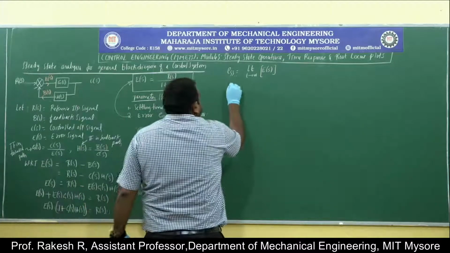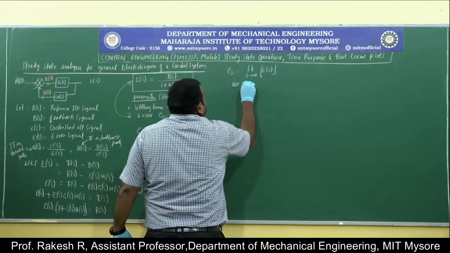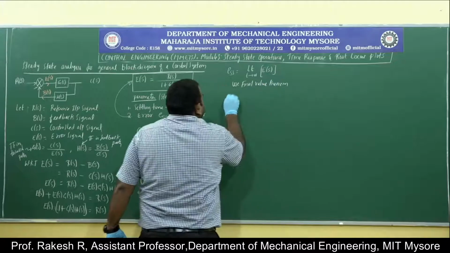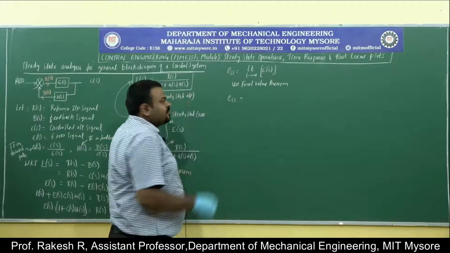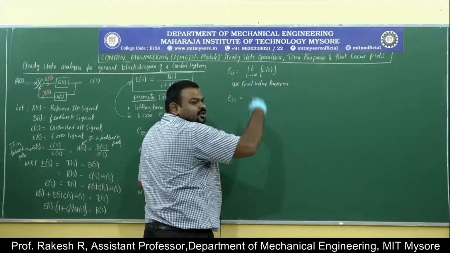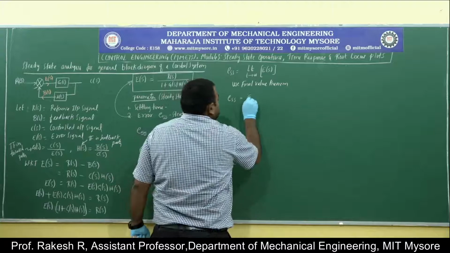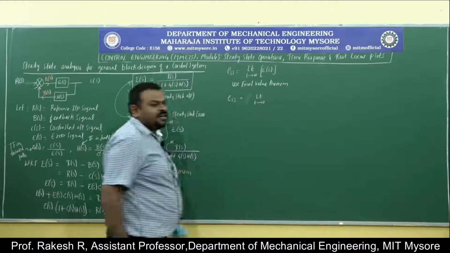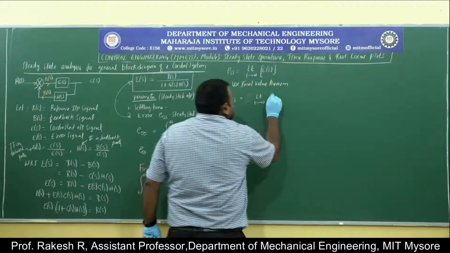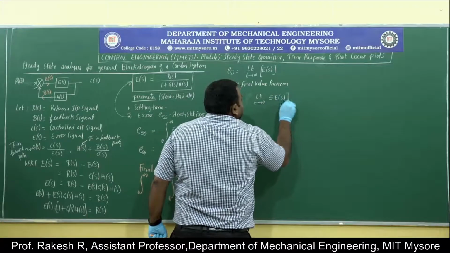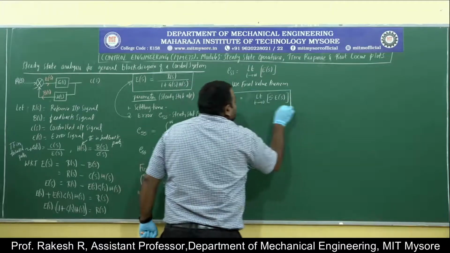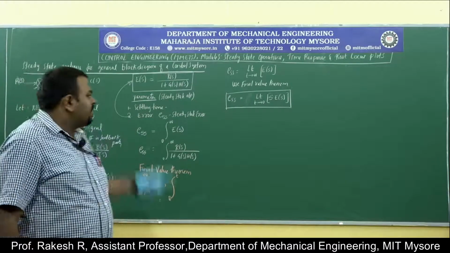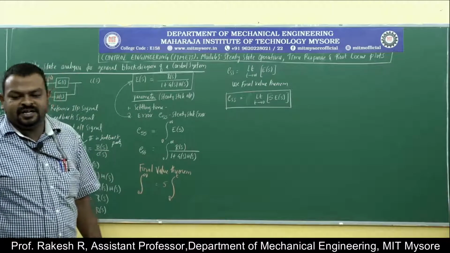Then when we use the final value theorem, steady state error will be equal to limit of S tends to 0 of S into E of S. Don't write S here directly because S is also a variable. This is what we will be calculating, the steady state error for different input signals. This is an important expression for steady state error.